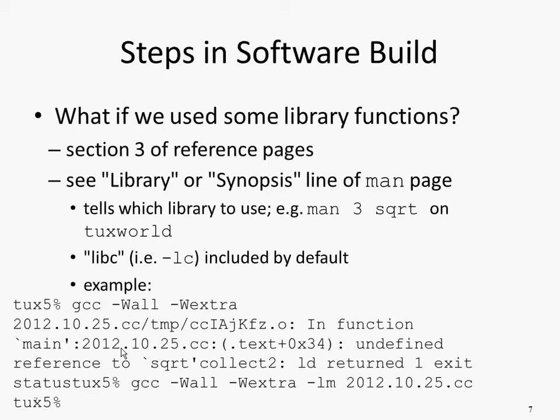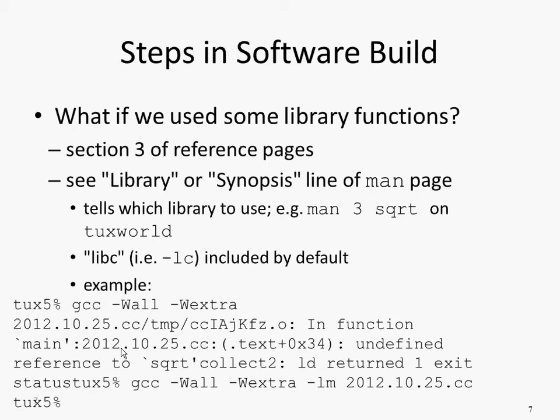It says, hey, when you're compiling this program, and actually here we're compiling and linking in the same step, when you're trying to turn this into a runnable program, first the preprocessor, compiling and linking, you have to pay attention to the fact that this is using things in the math library.